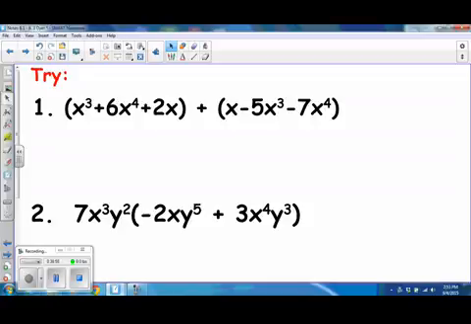This would be -4. And then your x to the fourth is -7. And then 2x plus 1x is 3.